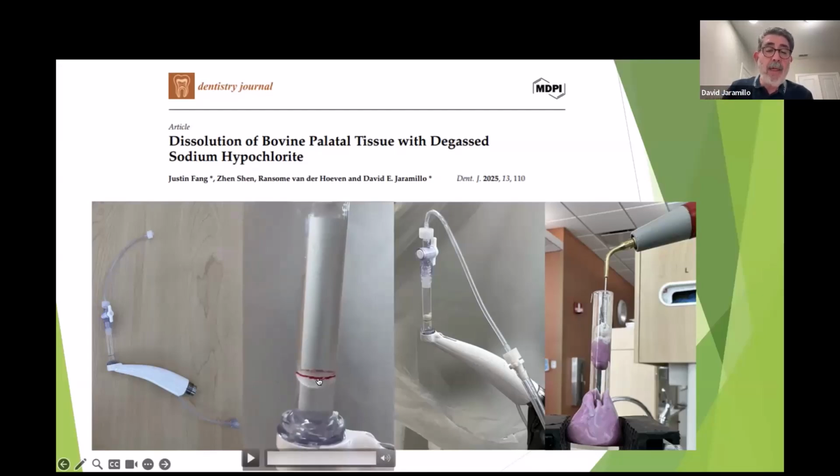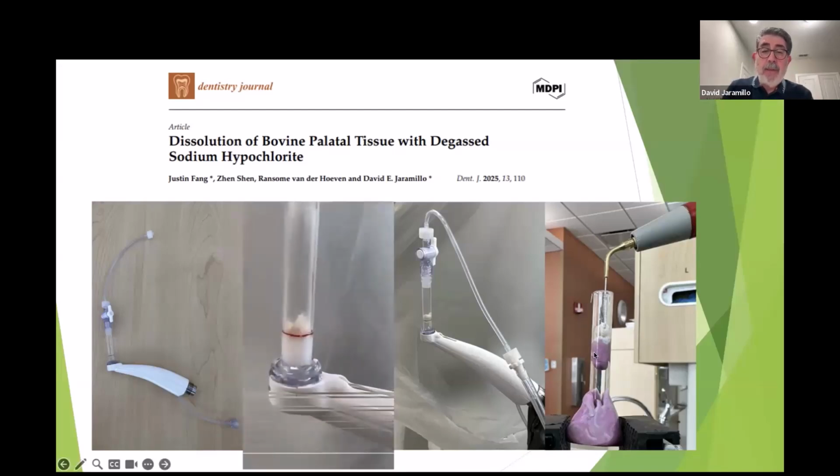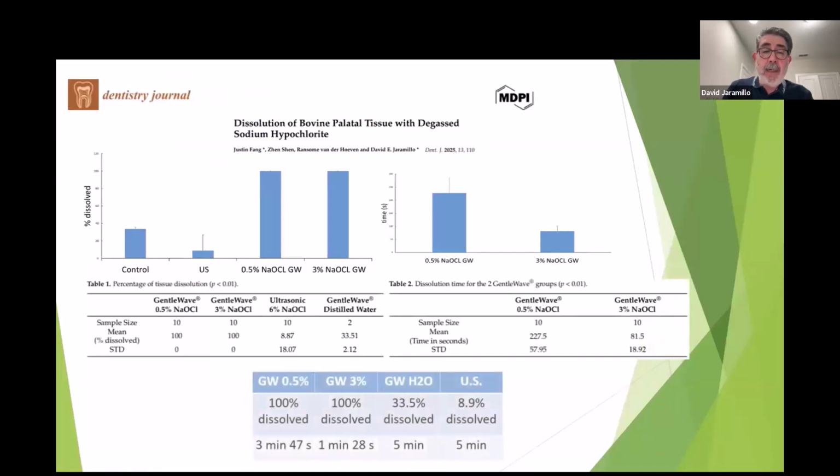So the way we did this study, after we ran the cycle, we removed the solution and tried to save whatever was left there, and we pre-weighed and post-weighed the tissue. So basically, these are our results summarized in this table. When we use GentleWave with 0.5% sodium hypochlorite, we got 100% dissolution of the tissue in an average time of 3 minutes 45 seconds, I'm sorry.